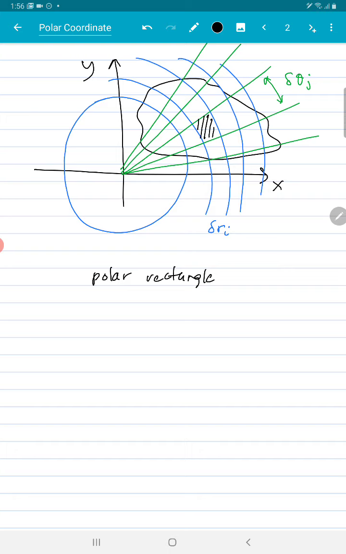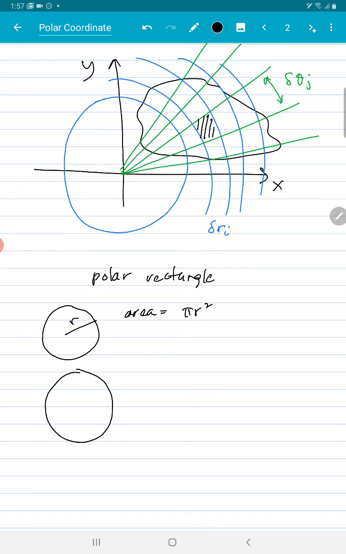Okay, remember for a circle, if you have a circle of radius r, the area of that circle is pi r squared. Now let's say you have, instead of a circle, a wedge. So here we have one, and we have r there. The radius is still r, but the angle now is theta. So we want the area of that wedge.